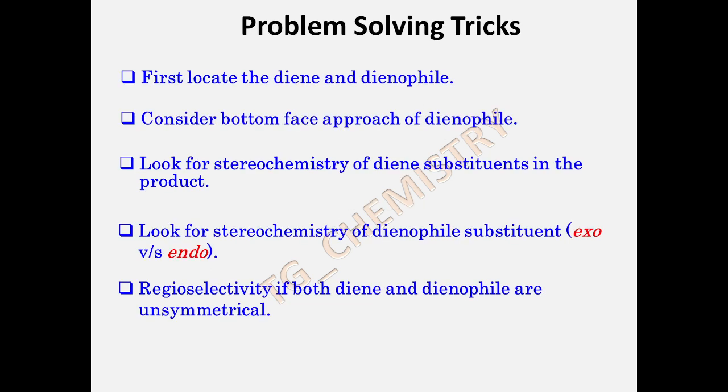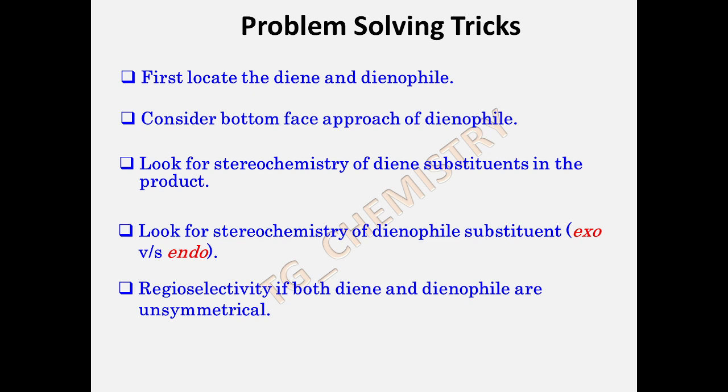Now, to solve problems or to assign the products in terms of regiochemistry and stereochemistry, there are five things you need to remember when you assign the product of a Diels-Alder reaction. First, you have to locate the diene and the dienophile from a given substrate.